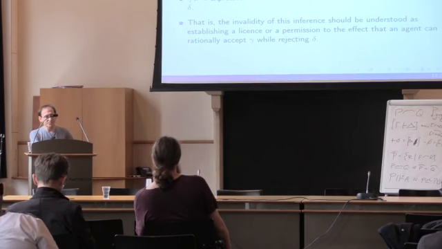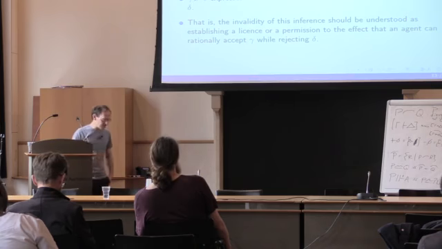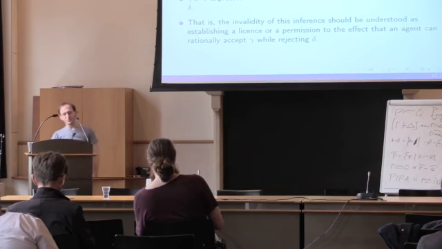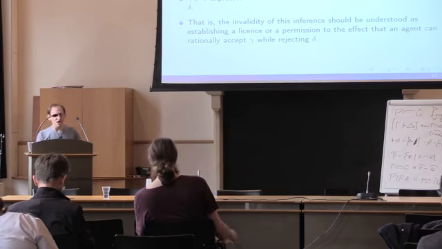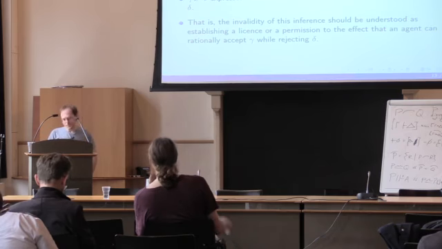So more or less in the same way as validities establish certain kinds of prohibitions, invalidities establish certain kinds of permissions. So the invalidity of a certain inference should be understood as establishing a license or a permission to the effect that an agent can rationally accept gamma while rejecting delta.